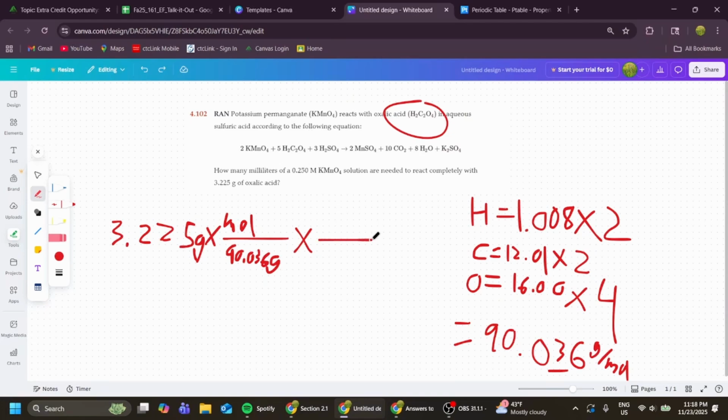So let's do 2 moles KMnO4, and then on the bottom 5 moles of oxalic acid.